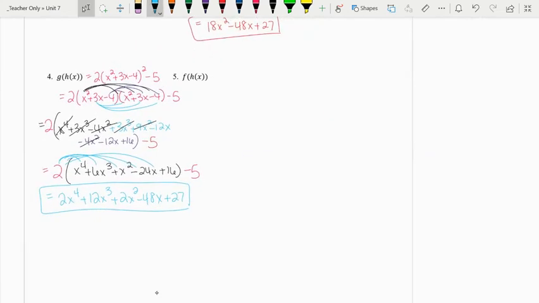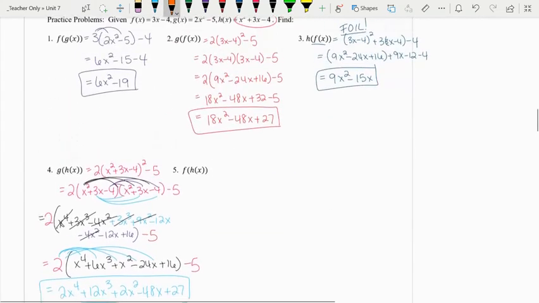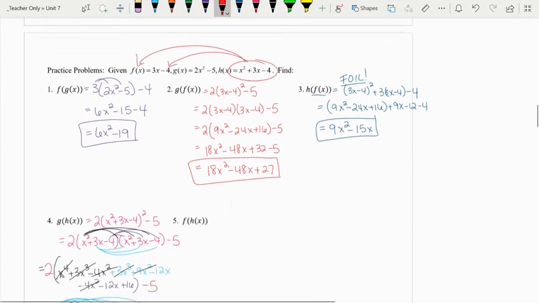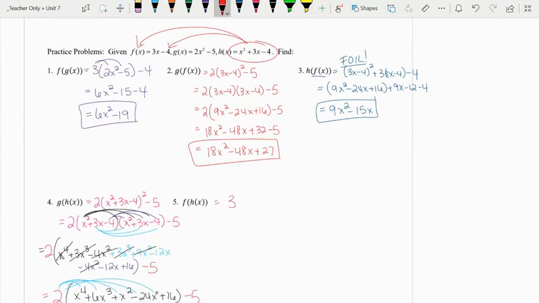So our last one is f of h of x. So that means we're taking h of x and we are going to plug it in for x into f of x. Okay. So this time we have way less work because it's just 3 times x squared plus 3x minus 4, minus 4.